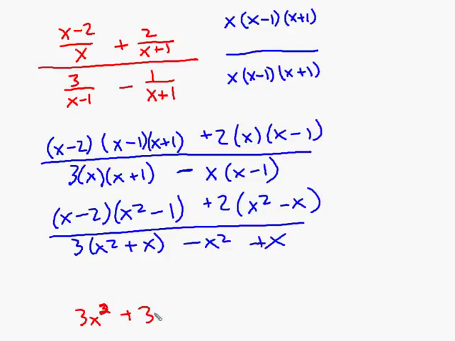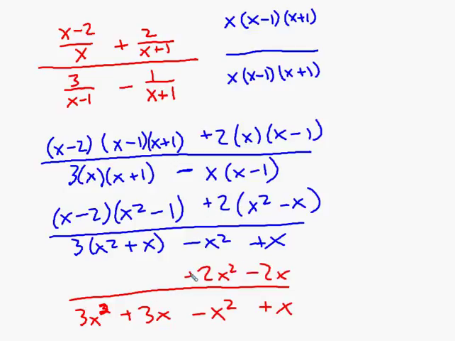Squared plus 3x minus x squared plus x. So this is going to extend onto the next page, so I'll have to copy this. I'm going to multiply that out. I will get an x cubed in my mix.